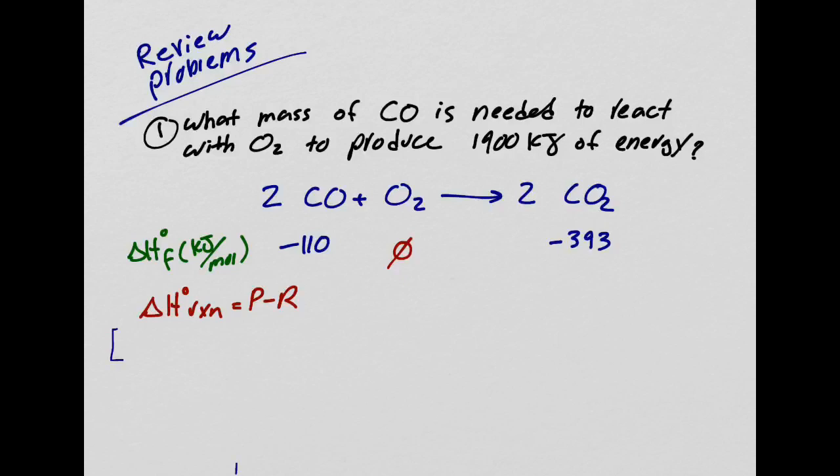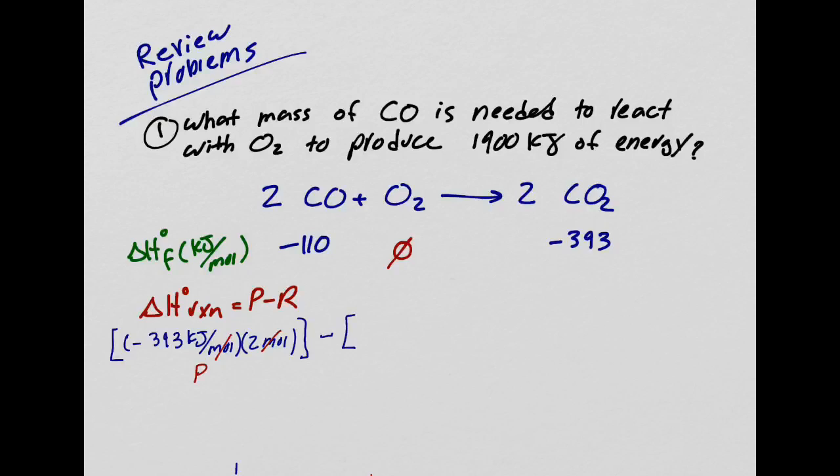So carbon dioxide is my product. Here's the delta H of formation: minus 393 kilojoules per mole, but you have to remember, because it's kilojoules per mole, you have to multiply it by the coefficient, by the mole ratio, right? And right here, this is 2 moles that we have. So then the moles can cancel out. That's the only product I have. So this is my product minus my reactant.